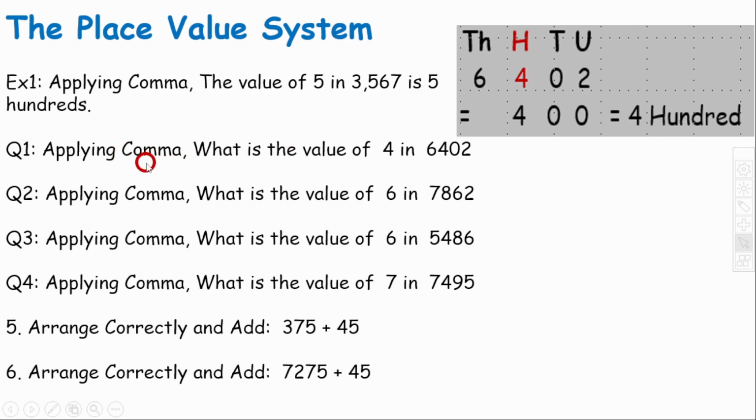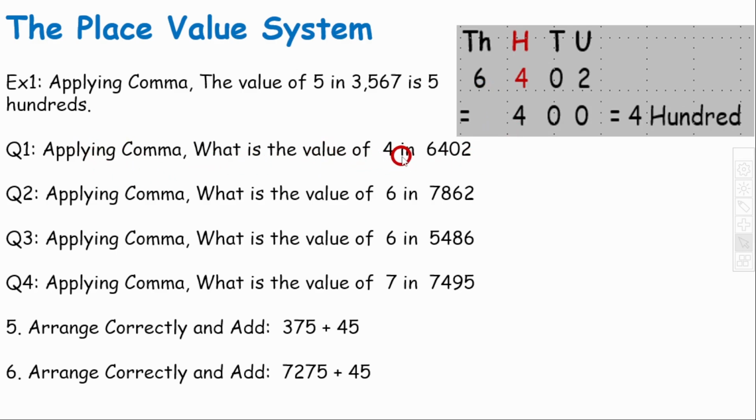Now let us solve the second example. The second example is applying comma. What is the value of 4 in 6402? If you have to apply comma, you start from here, 1, 2, 3, then you add the comma here, so it becomes 6,402 after applying the comma. Now let us try to solve this.